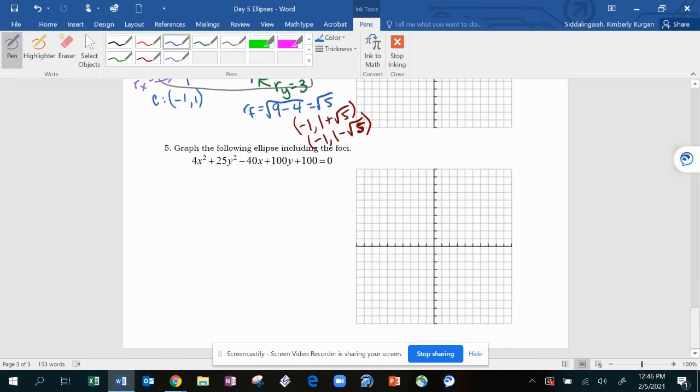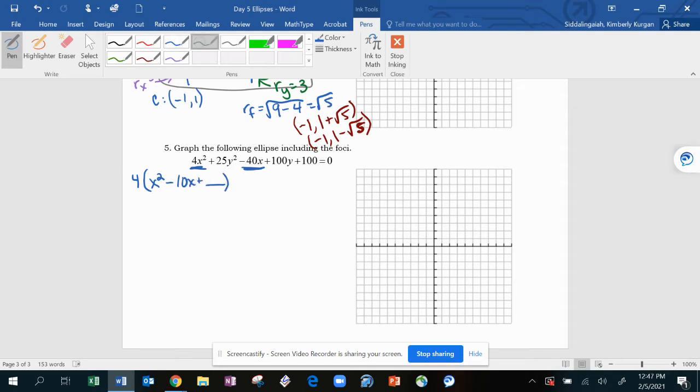Okay, so a lot of 100s going on here, right? Things are grouped a little bit differently than they were in the last problem. So 4x squared and -40x. I want to take a 4 out of both of those because I want a 1x squared.